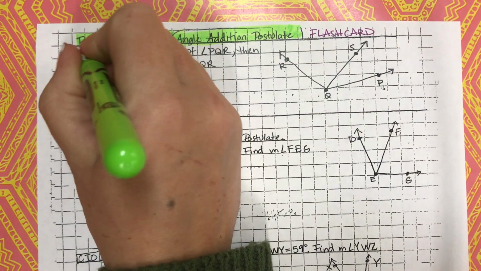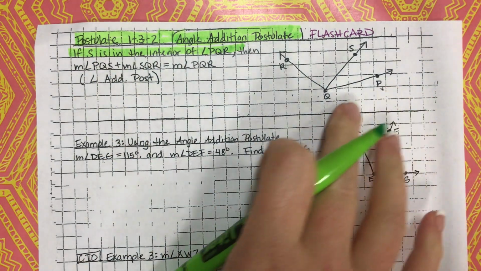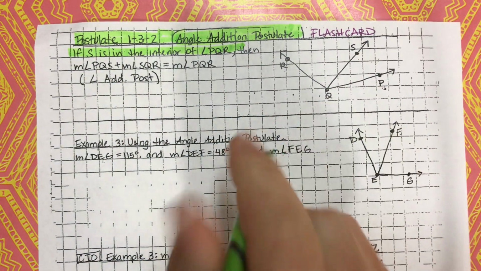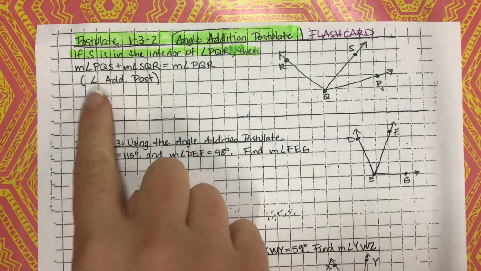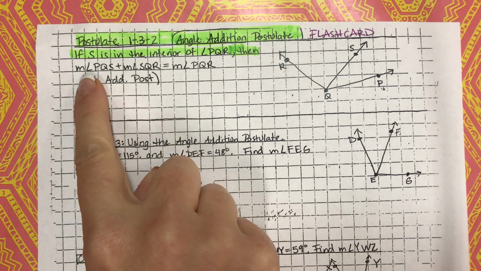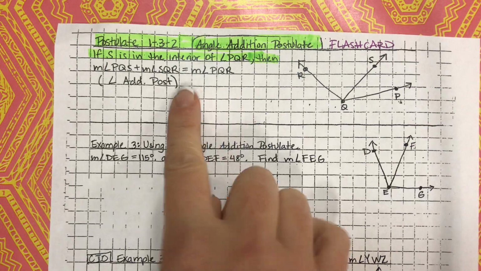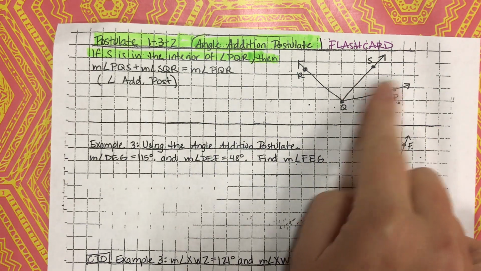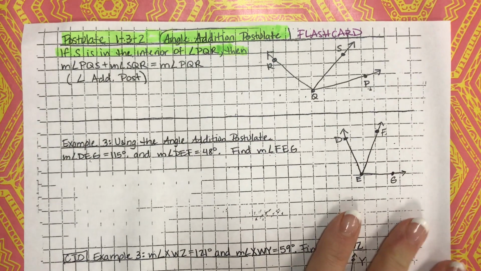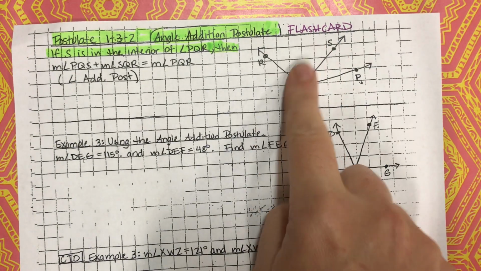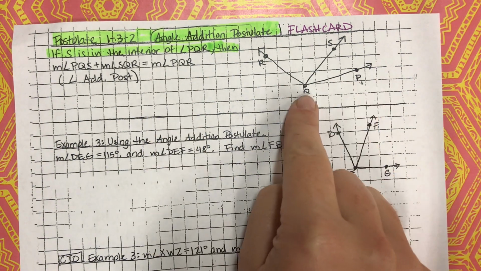It says if S is in the interior of angle PQR, so here's angle PQR and S is in the interior, then the measure, and see we're using an equal sign, that's why they have this measure of angle again, the measure of angle PQS, this smaller one, plus the measure of SQR, this other small one, is equal to the measure of the big one, PQR.